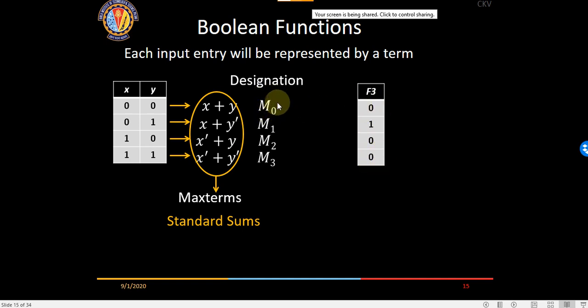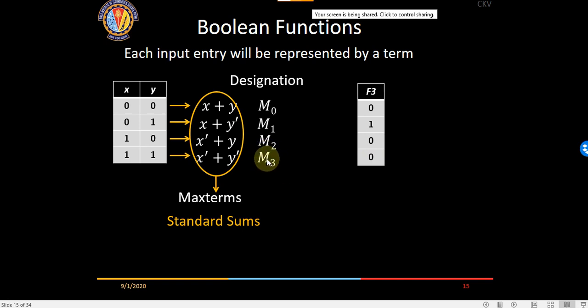When I'm making a truth table, wherever there are zeros I am going to pick up that term. If there is a 0 here, I pick up that max term, and again I have a 0 here, so I pick up that max term.